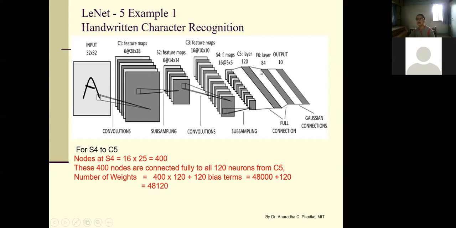Now on similar lines, tell me how many nodes are there between C5 and F6. Please type your answer in the chat box. How many layers are there between C5 and F6?